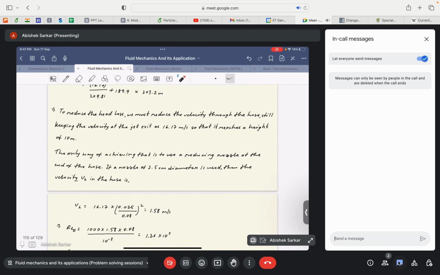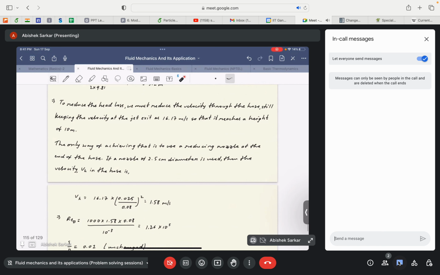You can clearly see that the use of a nozzle drastically reduces the velocity required in the pipe. So it is now about 1.5 meters per second.